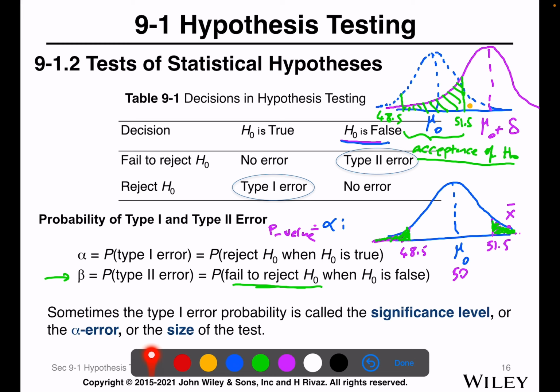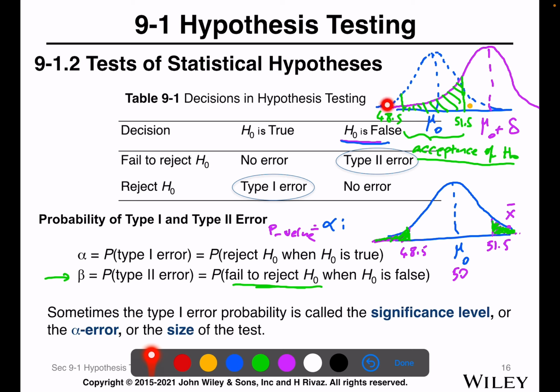So the actual population, let's say you're sampling from a new product that's being manufactured, and the mean weight of that product is not mu0. It's mu0 plus some delta. So your sampling is going to be from the purple curve, because this is the truth. The other curve is not the truth.